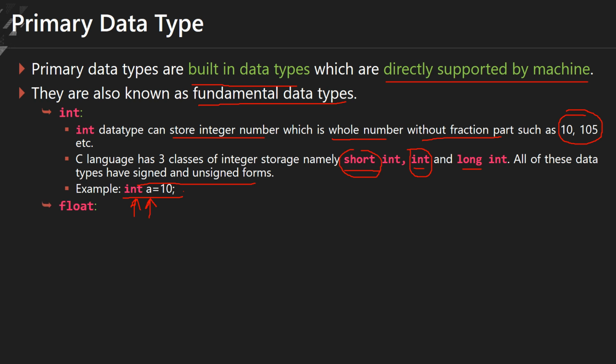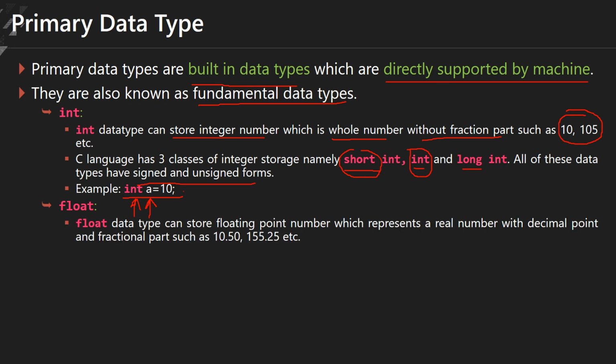Float also stores a number along with the decimal or fractional part. It can store floating point numbers, which represent real numbers, that is, a whole number with a decimal or fractional part.